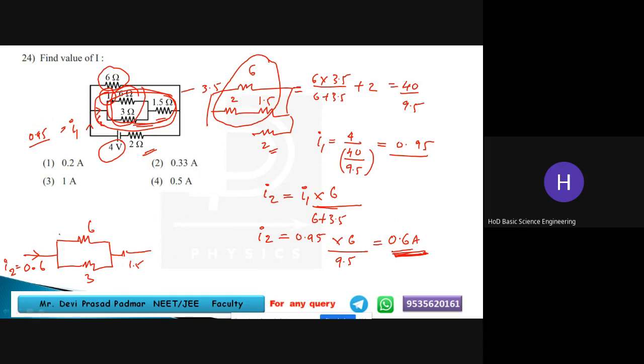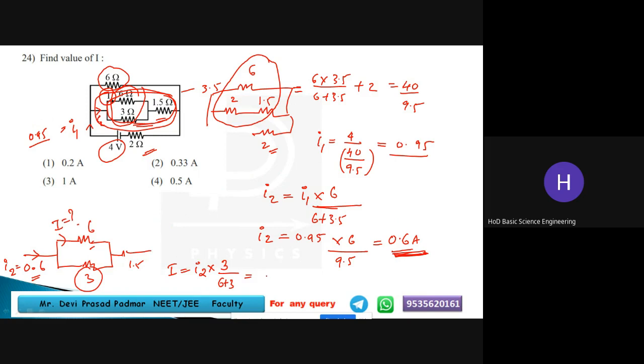Now this value you require. So how to calculate that? Again, apply the branch current formula. So I equals total current, that is I2, into resistance of the other branch, it is 3, divided by the sum of resistances 6 and 3. What is that? 6 plus 3, 9.